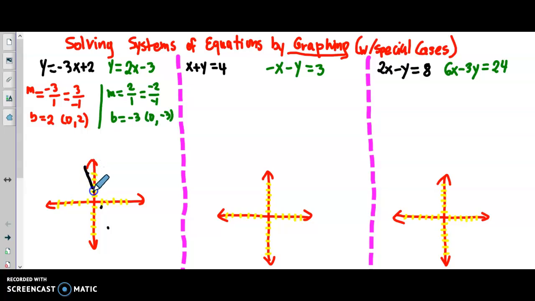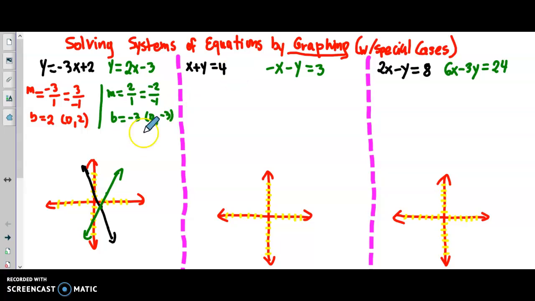So here is the first line. Second line: start at -3, 1, 2, 3 down. Here we go. The slope tells you up 2, right 1, and I can repeat. Or I can go down 2, left 1. So there's your second line.